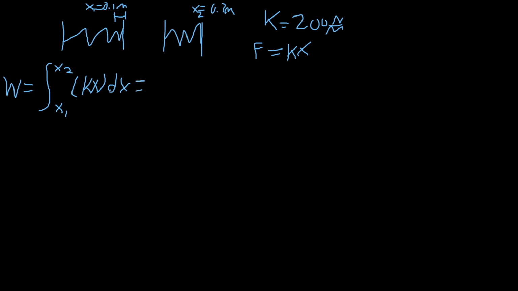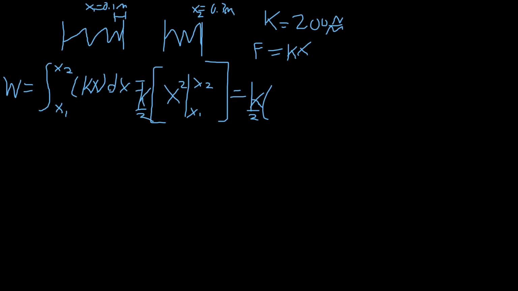This equals k times x squared over 2, from x1 to x2. So k times x2 squared over 2 minus x1 squared over 2, and we'll distribute that k value.